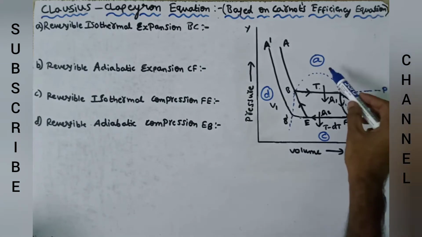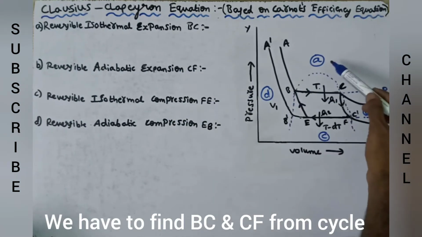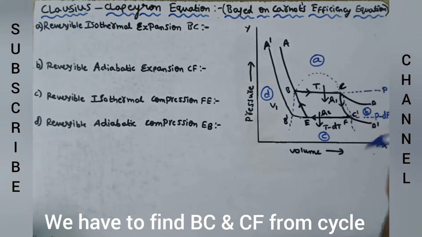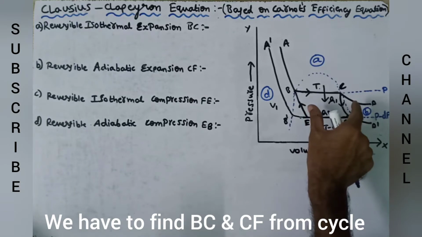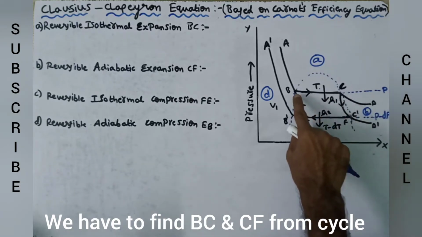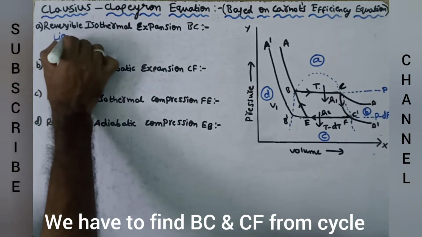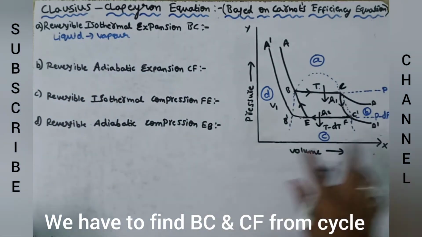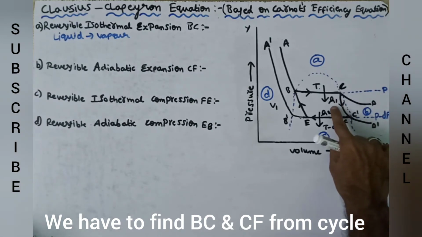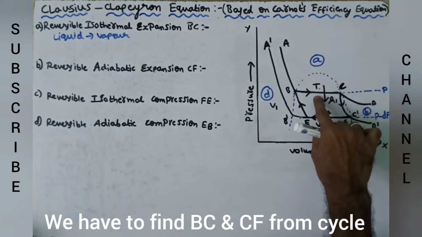Here the working substance undergoes these four processes. First, isothermal expansion BC at temperature T. The liquid is converted into vapor by absorbing Q1 amount of heat at constant temperature T.